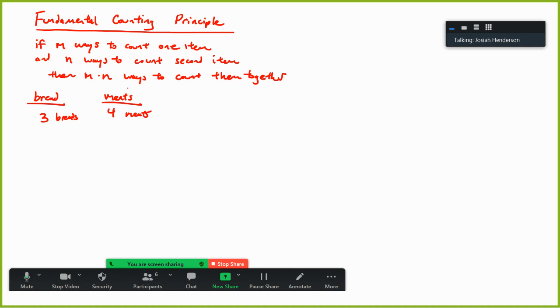So how many different sandwiches could we make with the 3 different types of breads mixed together with the 4 different types of meats? It would be 3 times 4, 12 different total sandwiches that you can make with 3 different breads and 4 different meats. So we're going to rely on that fundamental counting principle.